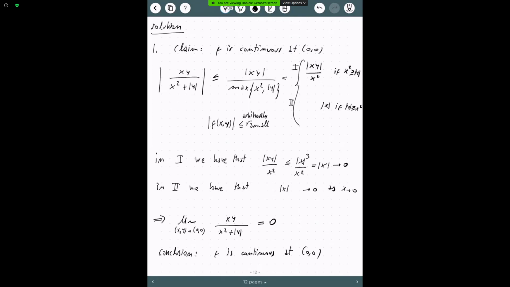Okay, let me write it down, maybe in another page. So what we are doing here: we don't know if the limit for x, y going to 0, 0 of f of x is equal to 0.